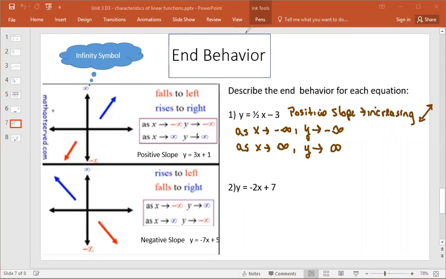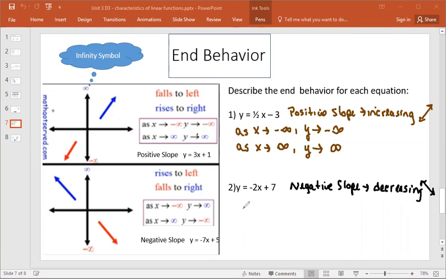Okay. All right, then we can do the second one. And it says here we know that we have a negative slope, meaning that we have decreasing. Okay, I can draw a picture if I want. That matches the bottom.